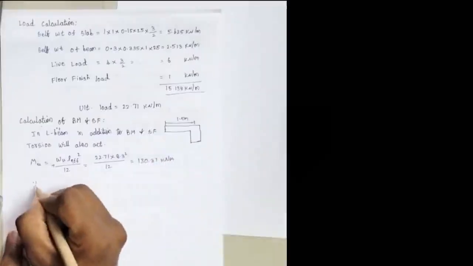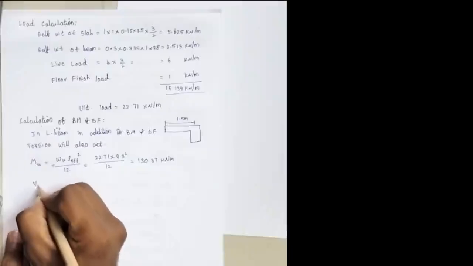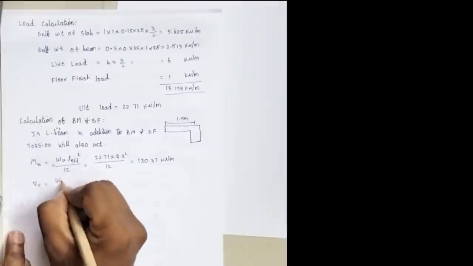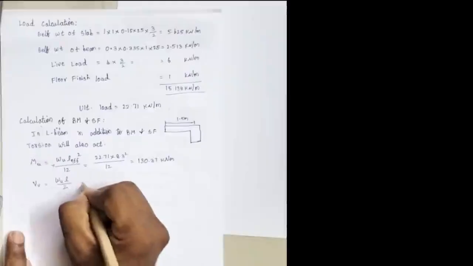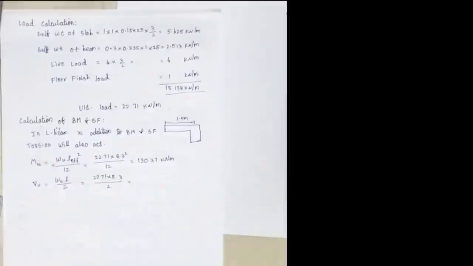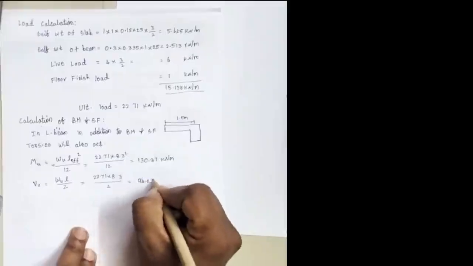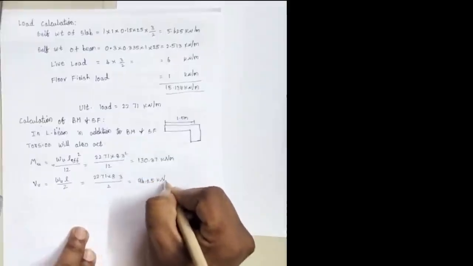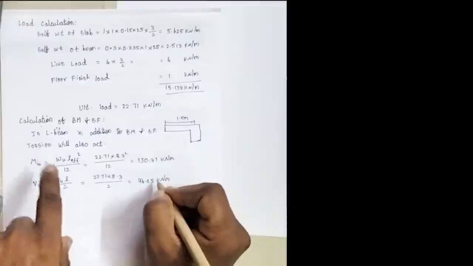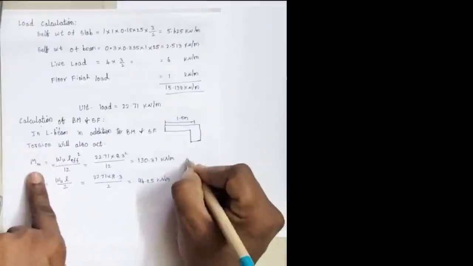Next Vu, that is shear force, Vu equal to Wu L divided by 2. So the shear force which we are getting is 94.25 kilonewton. So this moment will happen at the support.